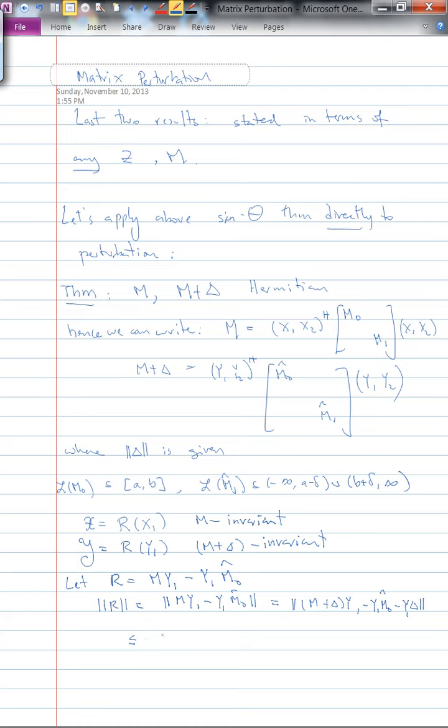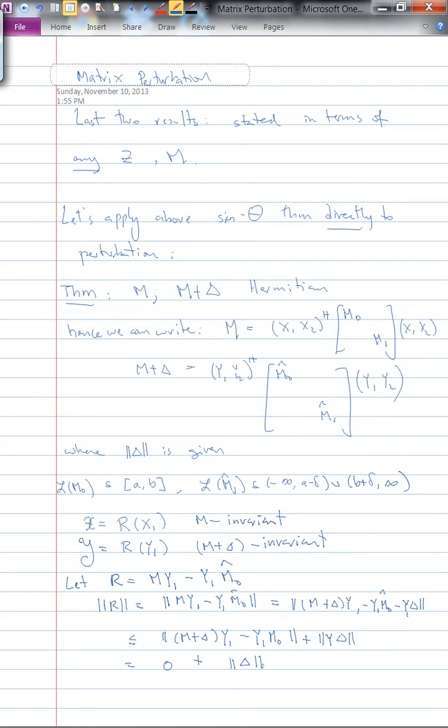And this is less than or equal to M plus delta Y1 minus Y1 M0 hat plus Y1 times delta. And this is equal to 0 plus delta.